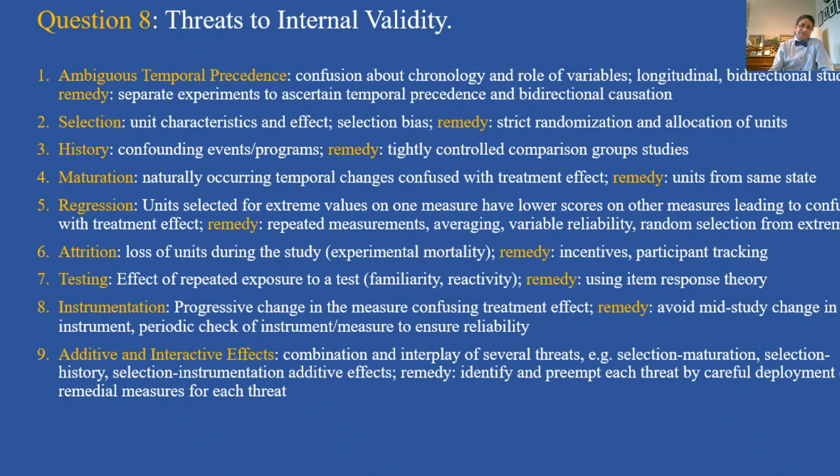Selection bias is very pervasive in quasi experiments, and the remedy can be to assign self selected units to different groups so that it minimizes the error caused by selection bias. And ensuring strict randomization in experimental studies is the most important.